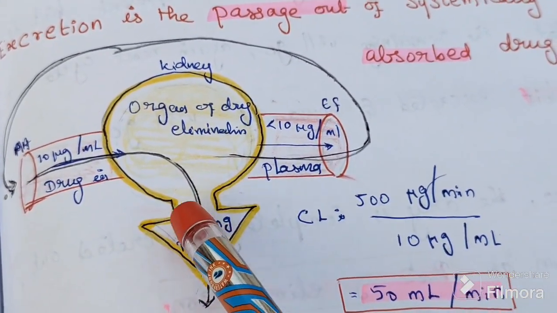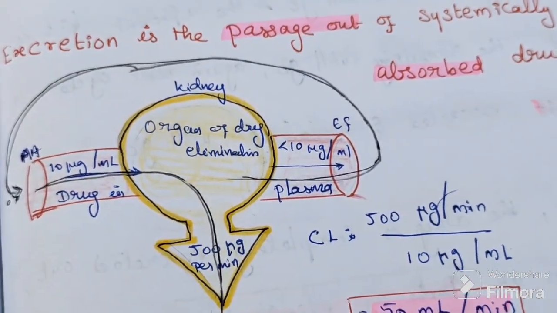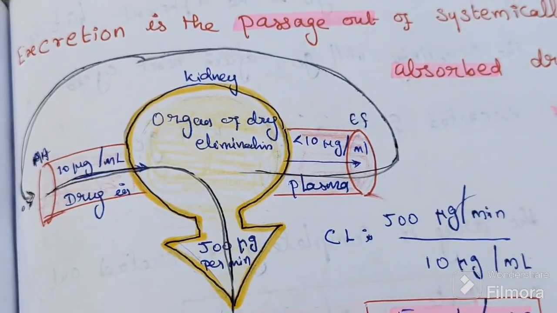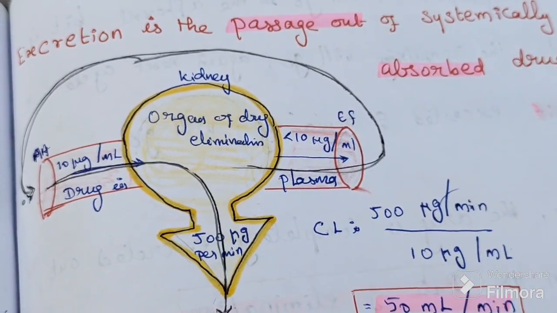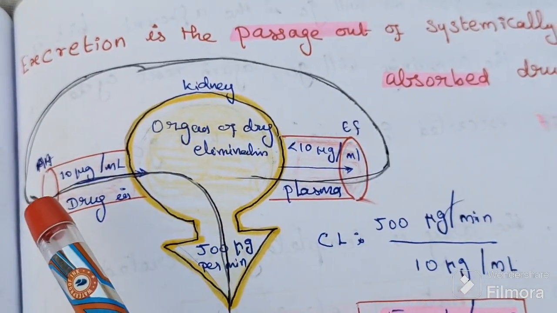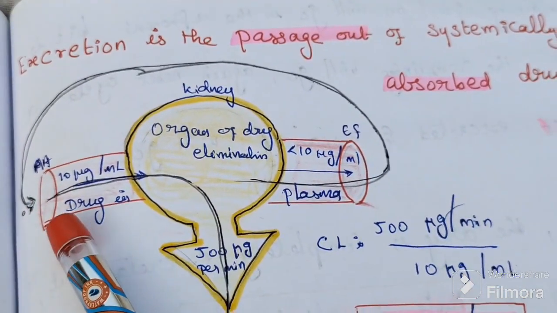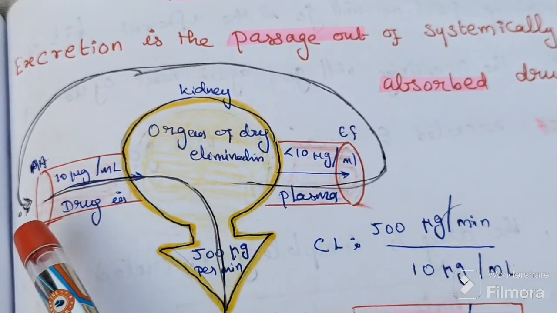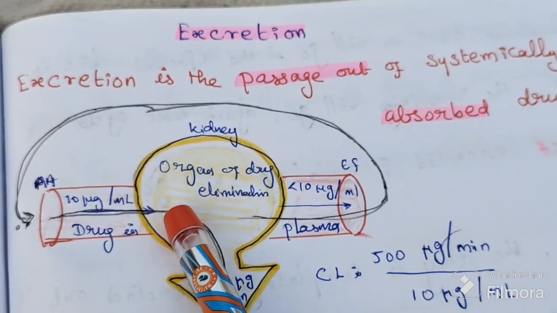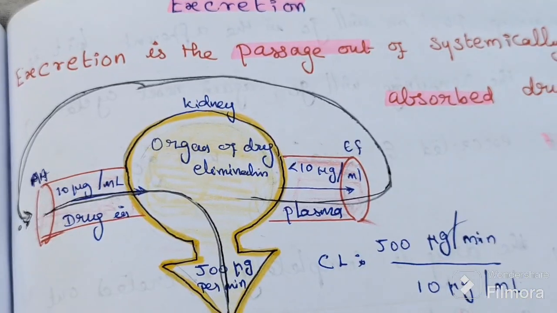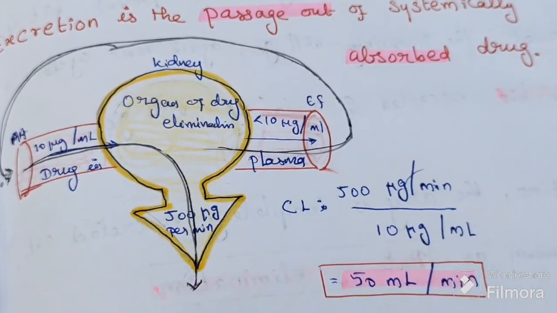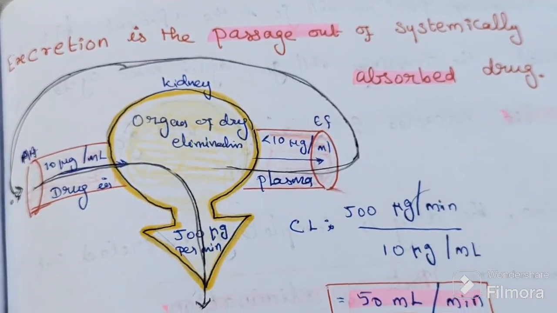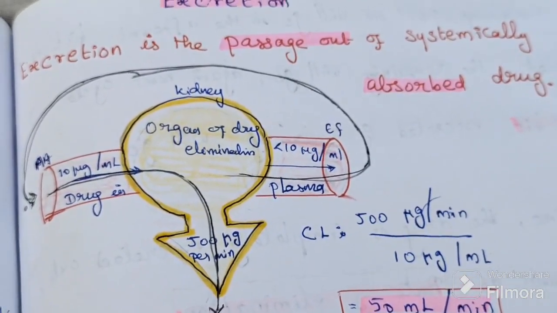When plasma goes inside the kidney, a little bit of the drug is excreted, not all of the drug.